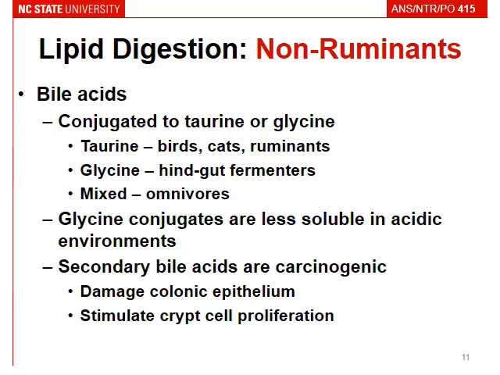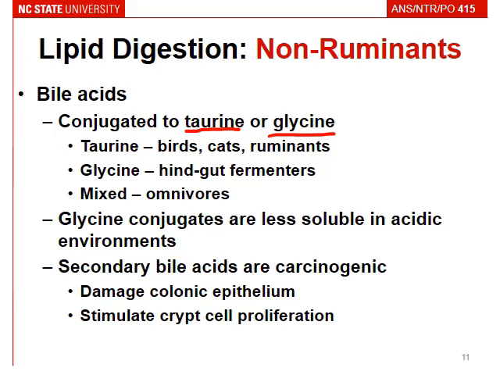So when I was talking during amino acids, specifically when we were talking about taurine, I mentioned that taurine is conjugated to bile salts. So our bile salts can be conjugated to either taurine or to glycine.